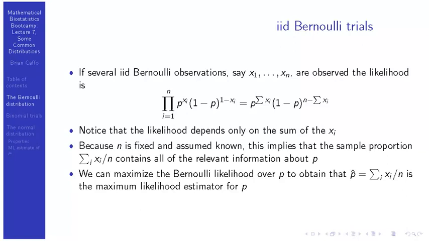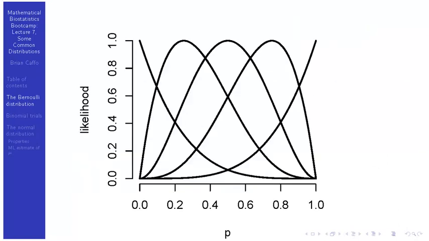When we talked about maximum likelihood, we also showed that if you maximize the Bernoulli likelihood over p, then you obtain that p hat, which is summation xi over n, is the maximum likelihood estimator. And we went over an example. To give you an example of Bernoulli likelihoods and what they look like, imagine we flipped a coin 4 times.